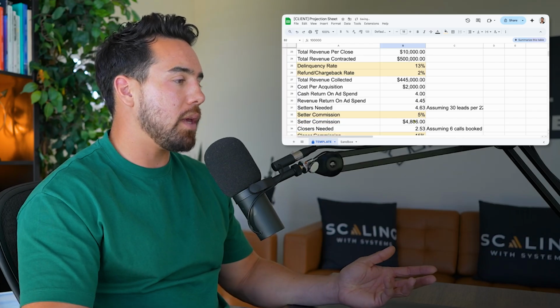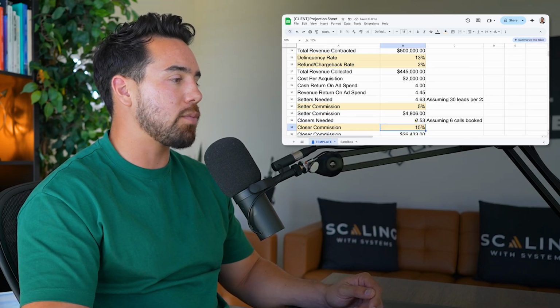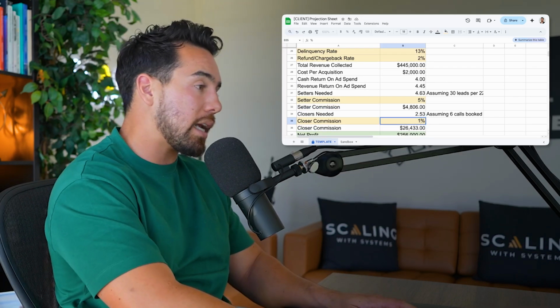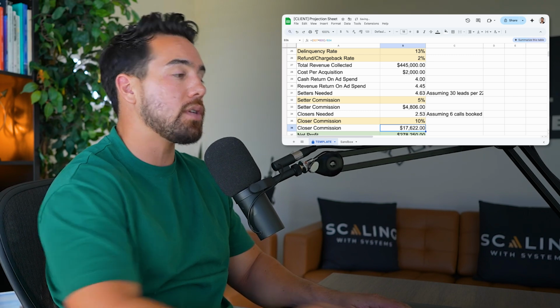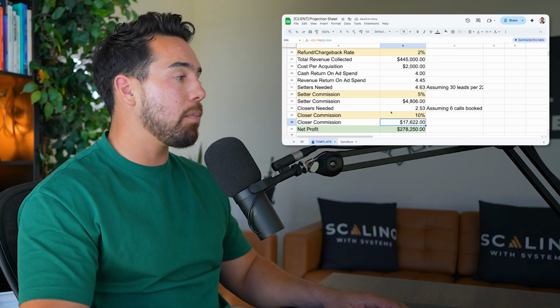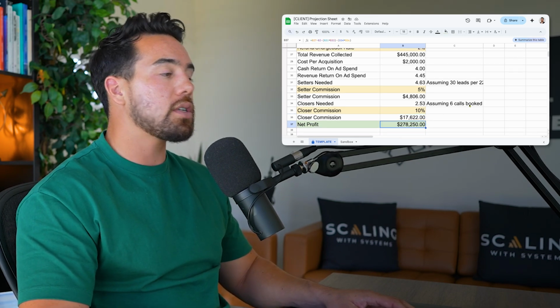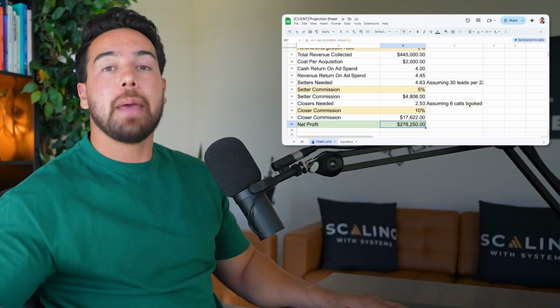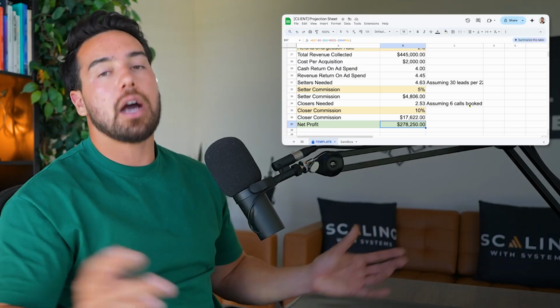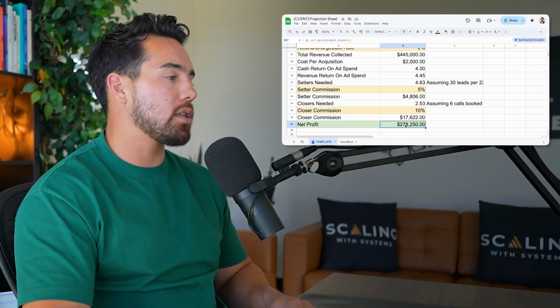But the idea roughly being that you don't always have to pay this person 15%. And if you projected this out, be comfortable moving it down to 10%. Because as we start playing with these numbers here, you can start seeing this net profit, how much you're making as a company, obviously not including your cost to fulfill.